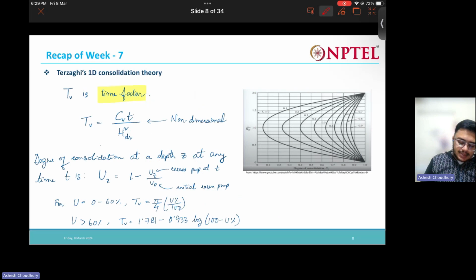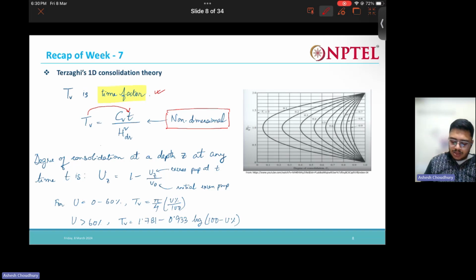Now, as I said, TV is the time factor, and that TV is given by this particular expression. You can see here this TV relates directly to the time t, and this TV is non-dimensional, that is, it doesn't have any units.